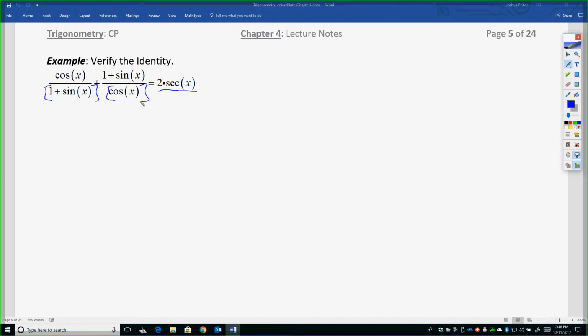So this left one is missing a cosine, so I'll multiply it by a cosine over cosine. And the right-hand fraction is missing a 1 plus sine, so I'll multiply that by 1 plus sine.